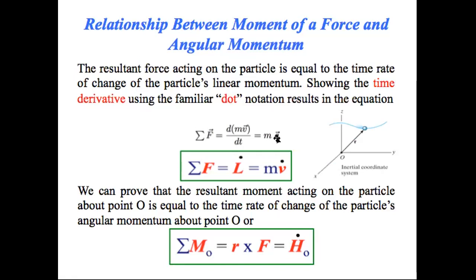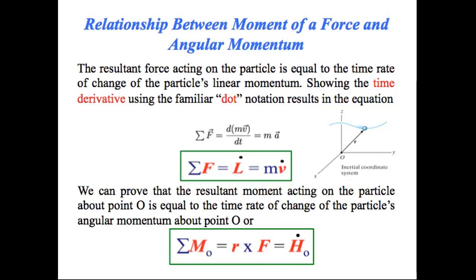Instead of acceleration, we can write the derivative of the velocity with respect to time, and mass times velocity is the linear momentum. Also, we can say the resultant force acting on a particle is equal to the time rate of change of the particle's linear momentum. A dot notation indicates the time derivative in the equation.